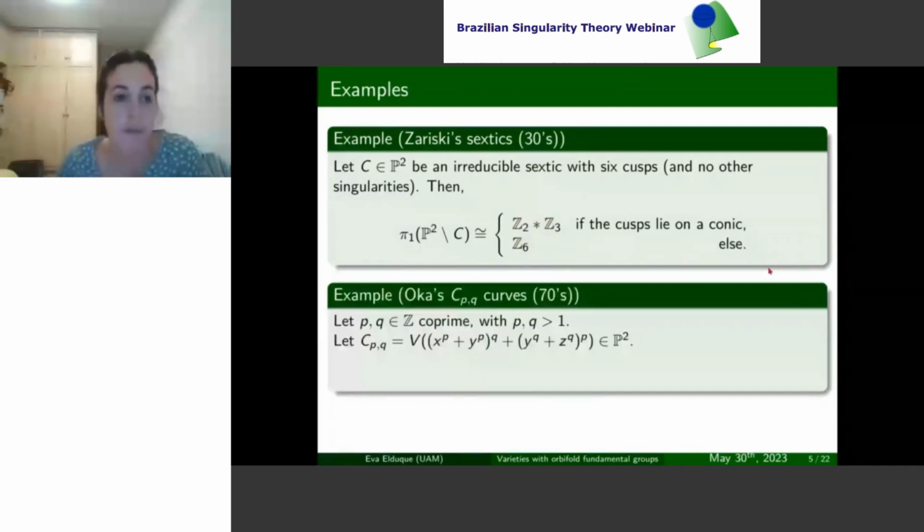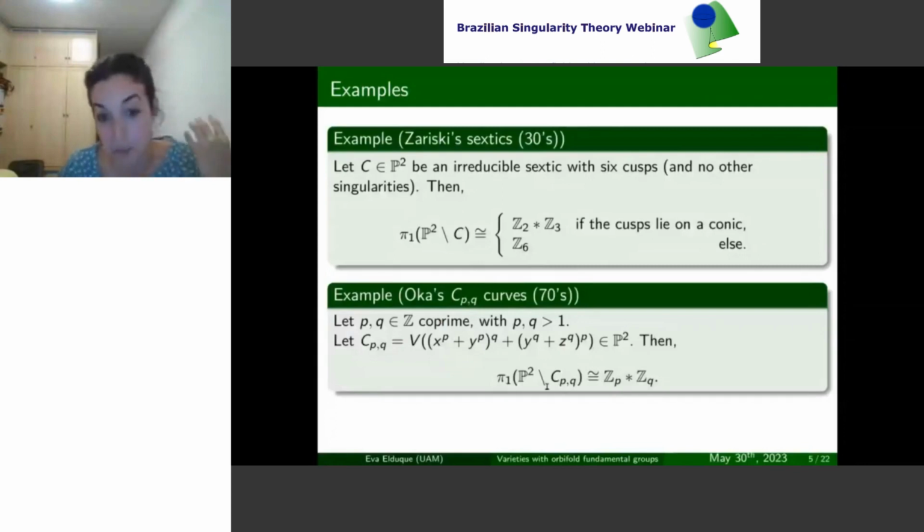So for every pair P and Q coprime with P and Q bigger than 1, what he was able to do was he gave a polynomial which defined the curve of degree P times Q, and such that the fundamental group of the complement was this free product of C mod P and C mod Q. And as we see, the polynomial that he cooked up is a degree P polynomial to the Qth power plus a degree Q polynomial to the Pth power.